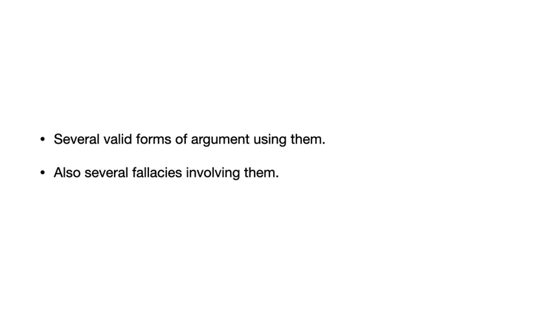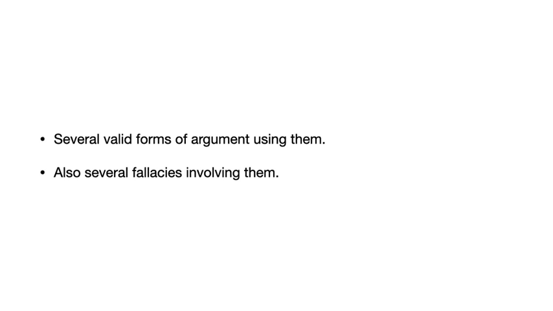There are actually several valid forms of argument that use conditional or hypothetical statements, and there are several forms of invalid argument or fallacies involving conditionals. A fallacy being an argument that is not valid, but is easy to mistake for a valid argument.